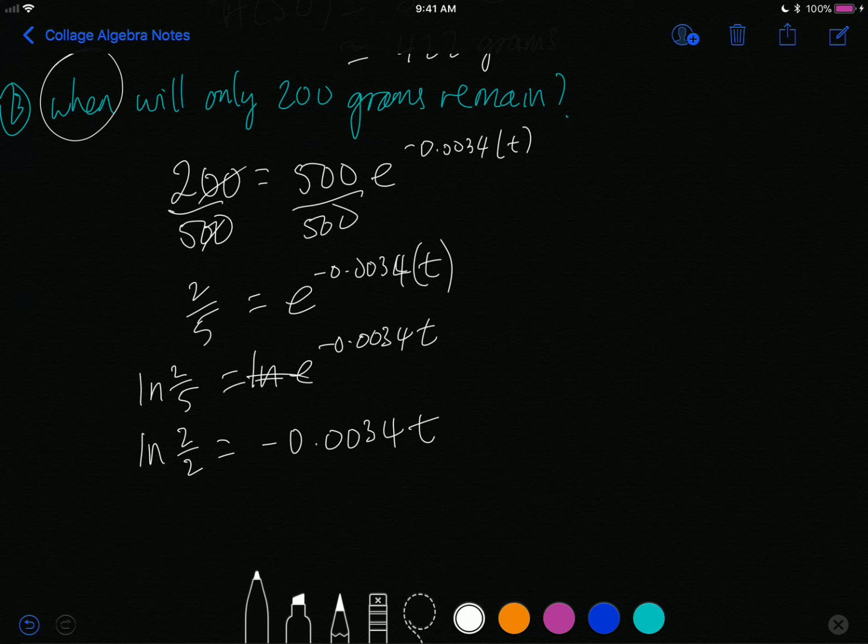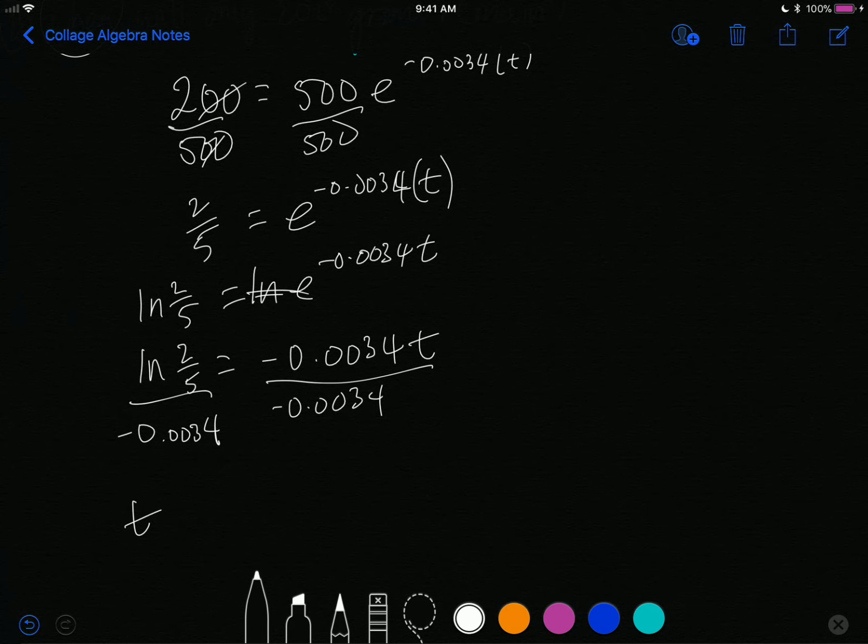And of course, I can then divide by everything except t. Negative 0.0034. You work that out in your handy dandy calculator, and it'll tell you we need about 269 years to get our carbon 14 down to 200 grams from our original amount of 500.